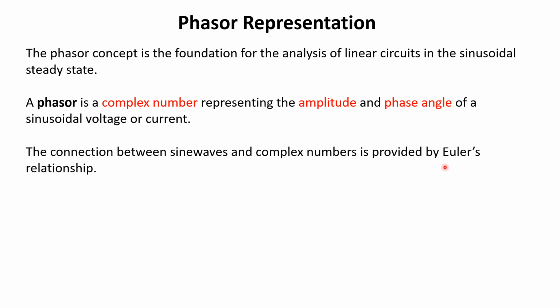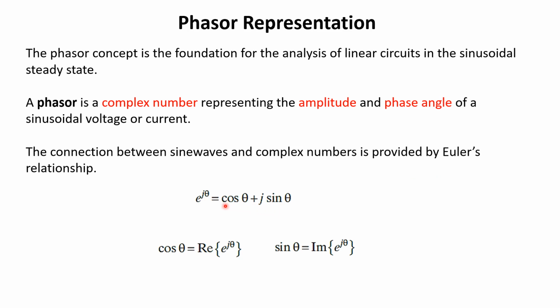Note that you should pronounce this as Euler's, a famous mathematician. This is Euler's relationship. e raised to the power j theta is cosine theta plus j sine theta, and you know this from your college mathematics.